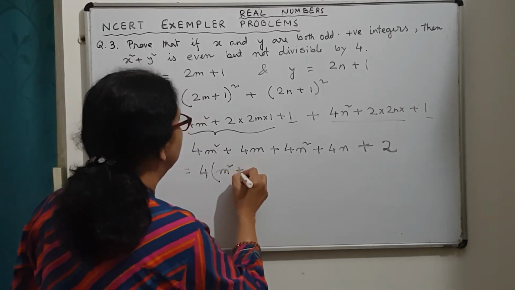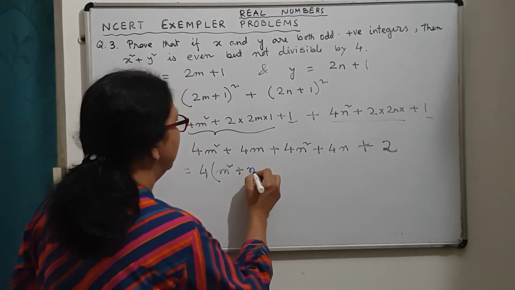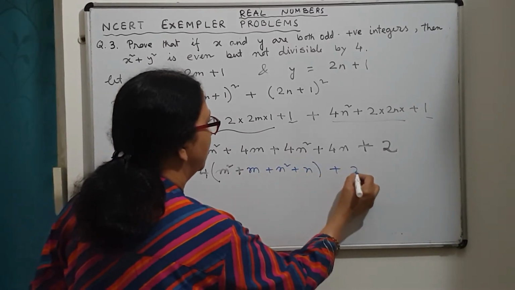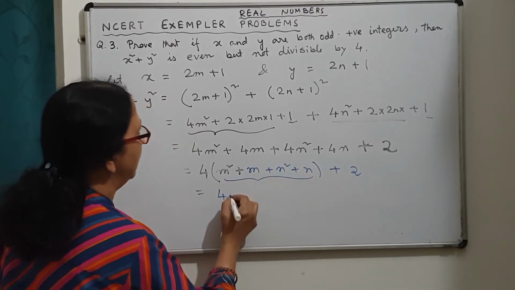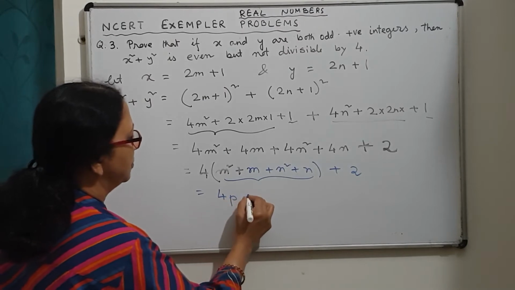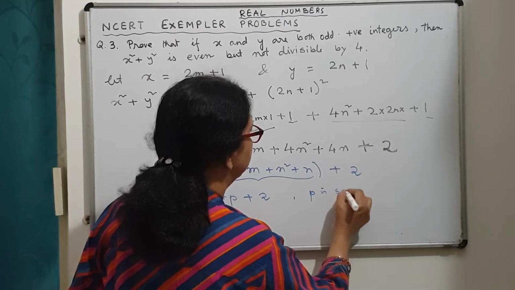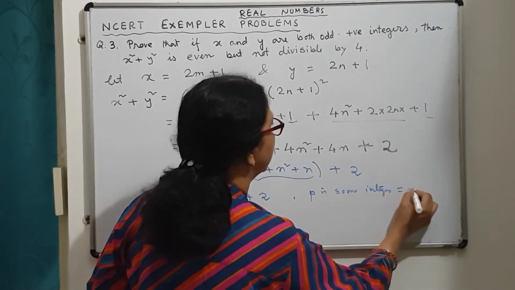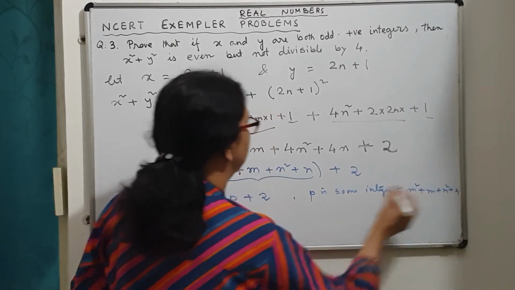m square plus m plus n square plus n, plus 2. So it is 4 into some integer p, plus 2, where p equals m square plus m plus n square plus n.